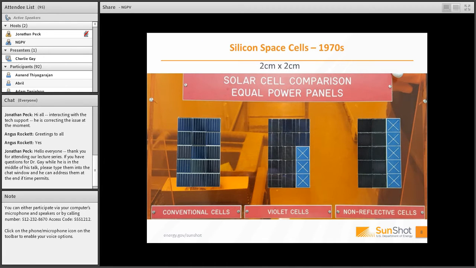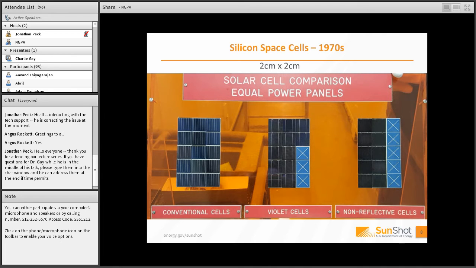This shows cells from the 1970s, and it's a comparison of what happens with improving efficiency and being able to reduce the amount of area required for a given number of watts. On the left-hand side is a small circuit of 2 by 2 centimeter cells, little bus bar across the top of each cell with grid lines, and the cells are soldered together and shingled together.